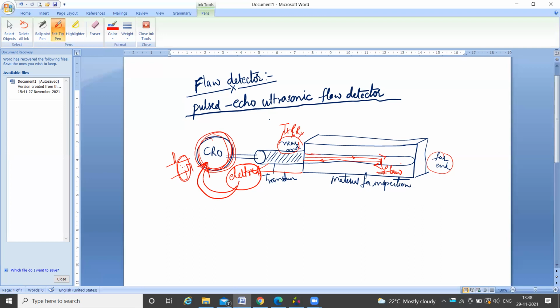These are then amplified and displayed in the form of a series of pips and pulses on the screen of the CRT tube. The first pulse corresponds to the transmitted pulse, and this is followed by the pulse corresponding to the flaw. Lastly comes the pulse from the far end of the material, as shown in the figure. I'll draw the figure here.